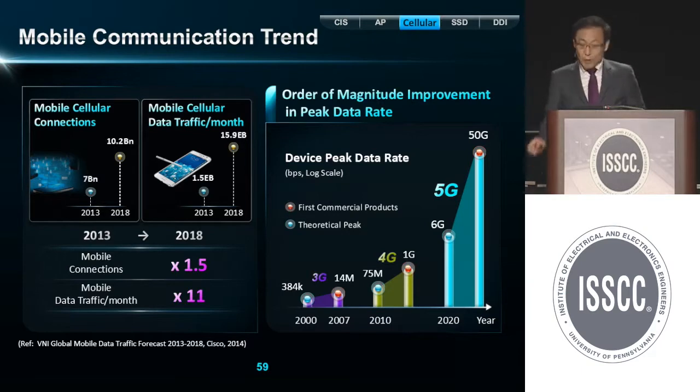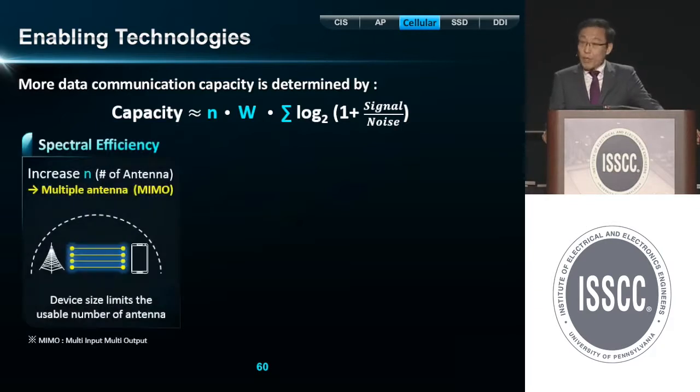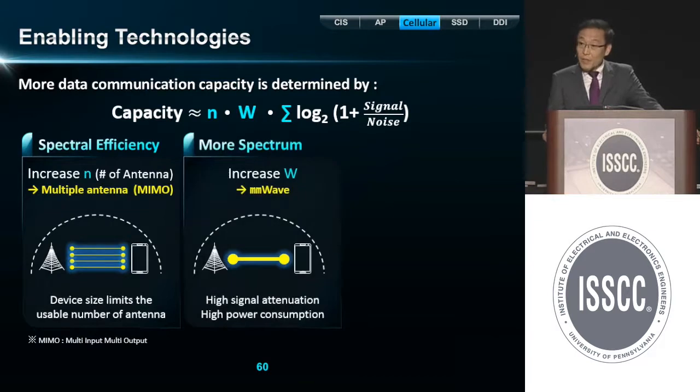So, how can we achieve this data rate? Look at this Shannon capacity formula. Basically, it says system capacity increases with the number of antennas, bandwidth, and number of cells. Space is limited for packing more antennas in a smartphone. What about the spectrum? Current cellular band is expensive and depleting fast.